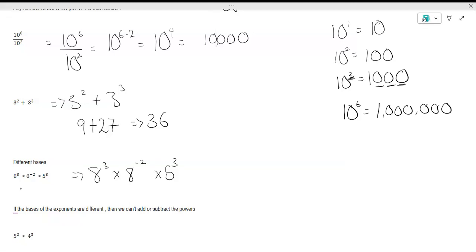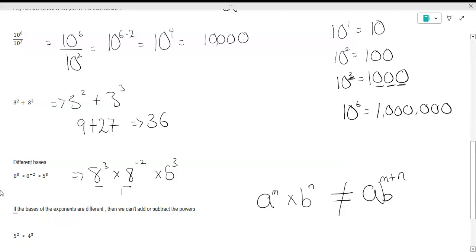If we have something like a raised to the power m times b raised to the power n, you can't say a b raised to the power m plus n. It's not going to work. All right, so let's come back here. We have 8 raised to the power 3 times 8 to the power minus 2, and these have the same base, so we can add the powers.